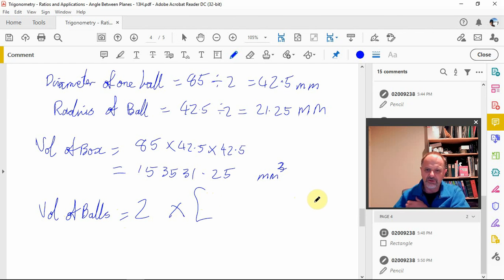The volume of a sphere is 4/3 pi r cubed. That'd be on the formula sheet, I hope. 4/3 pi r cubed. Now r is 21.25.